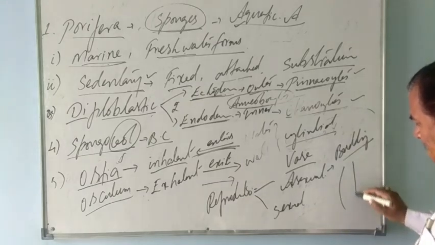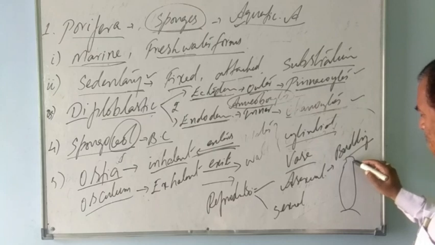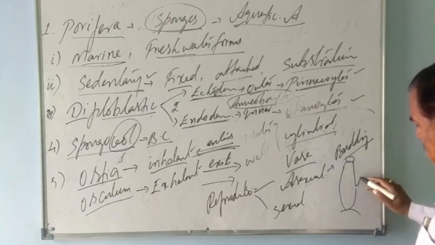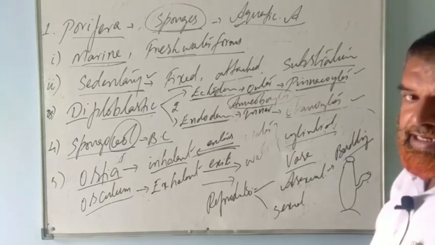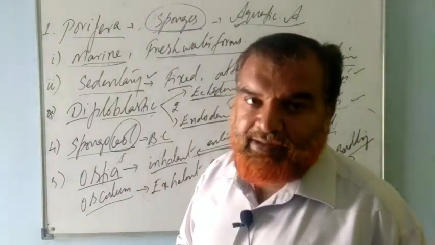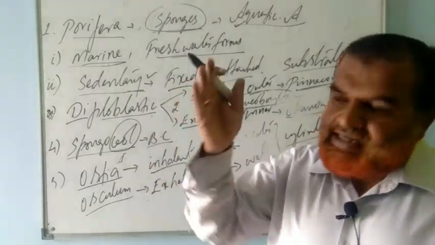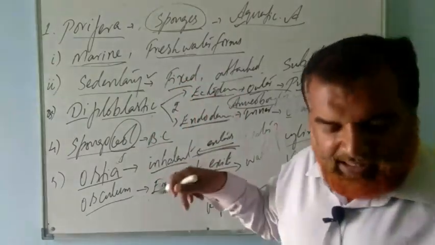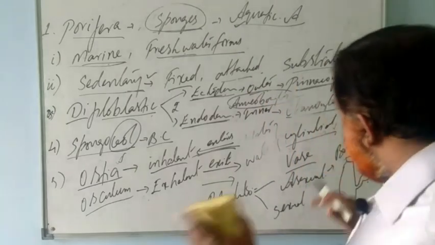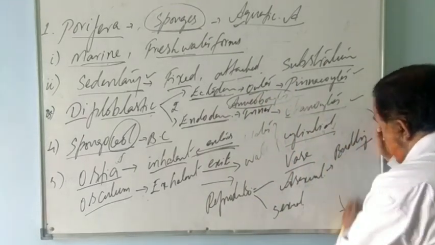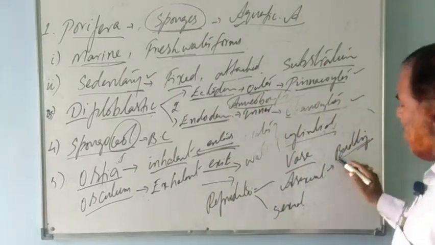This is the animal, for example, and here one bud starts. This is what is known as budding, like you have seen in plants, the cactus plant, Opuntia. One branch will start and later get detached. So here asexual reproduction takes place by means of budding.